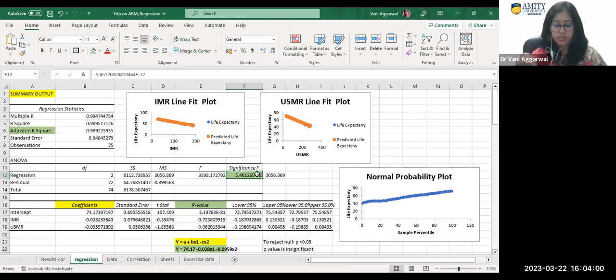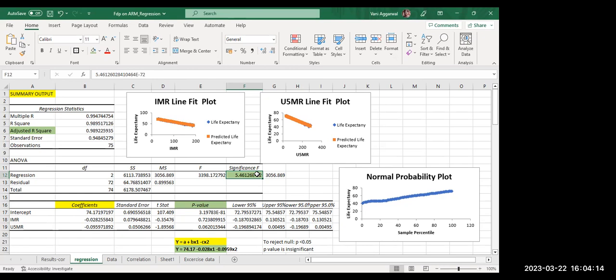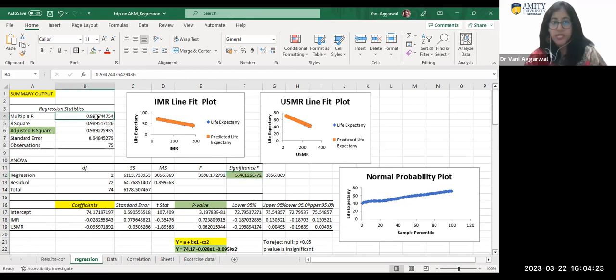Third question: what is the relationship between dependent and independent variable? Tell me. In column B, we will see this sign of figure, where if it is negative, then there is a negative relationship. If it is positive, this Multiple R will give you this answer.